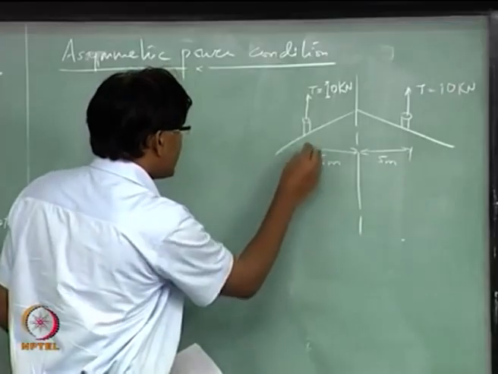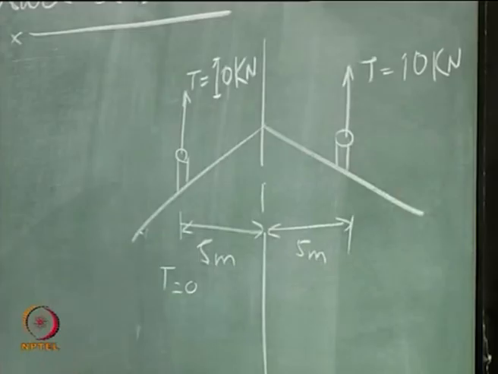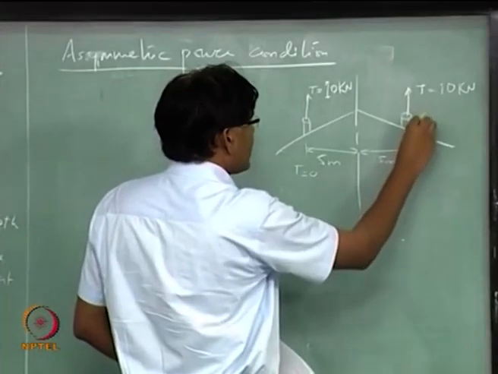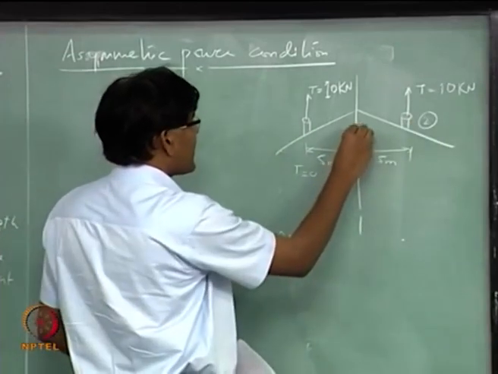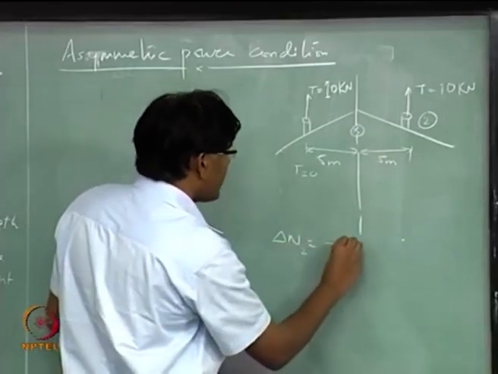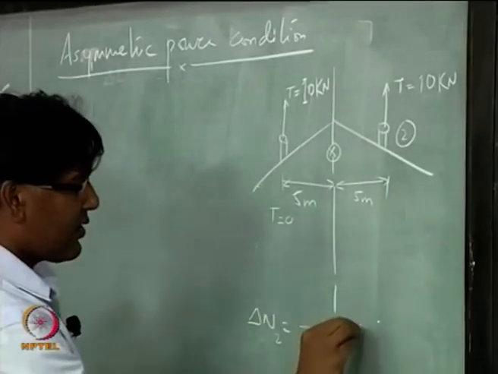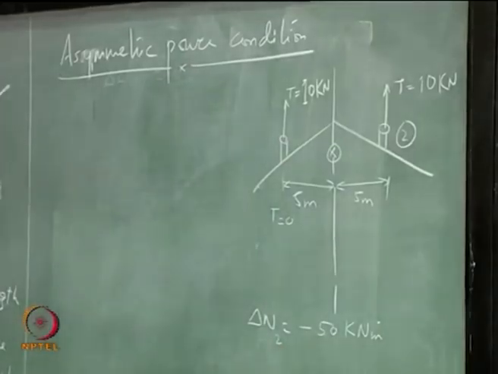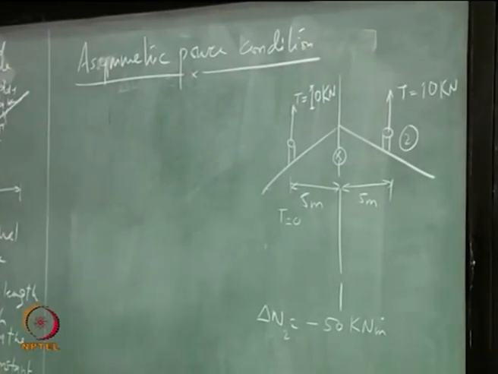So, if this engine, let us say here the thrust becomes 0, then delta N due to CG is located somewhere here is minus 50 kilonewton meter, right, and this I have to kill using rudder.